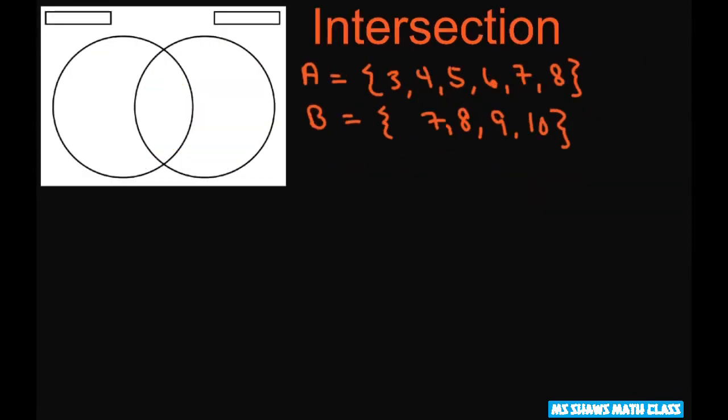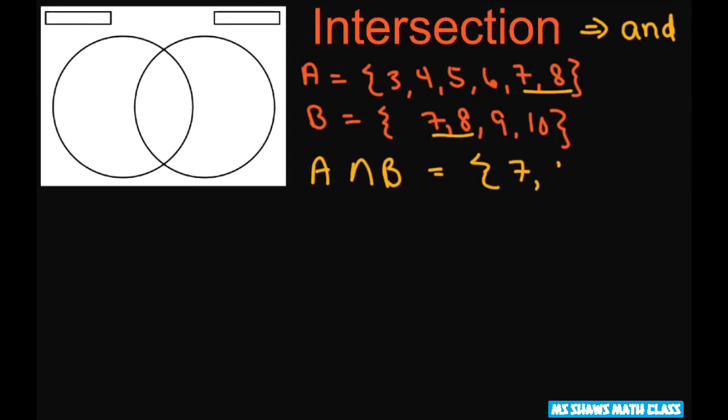Now the intersection, we have our same two sets. That's represented as A and B. So intersection is and. If we do that set, that's just going to be our 7 and 8, because they're in both sets. It's the set of elements which are in both A and B. If this is A and this is B, then it would be these two here.